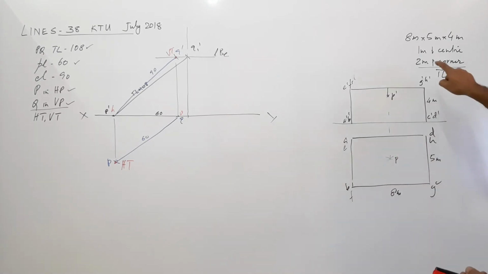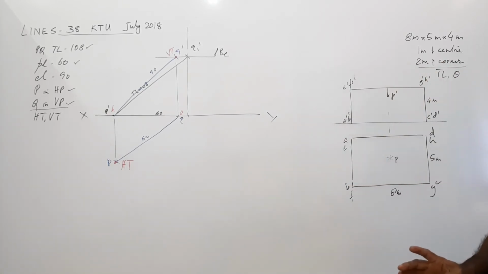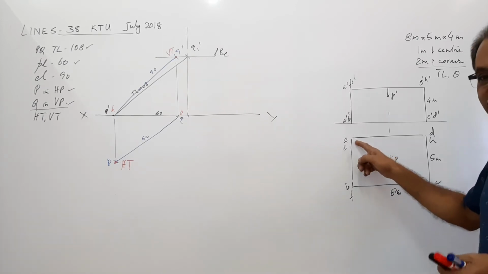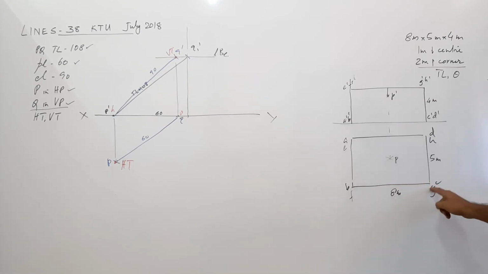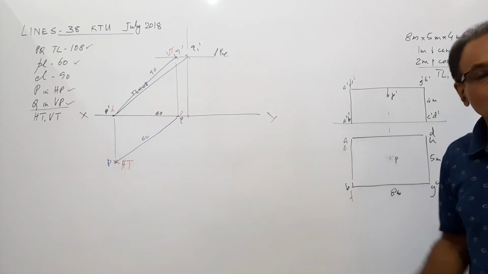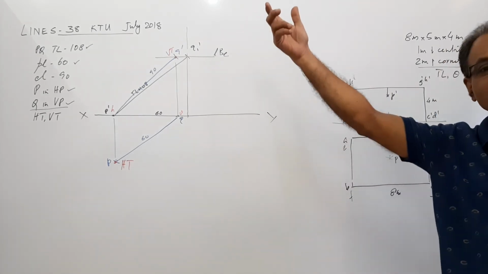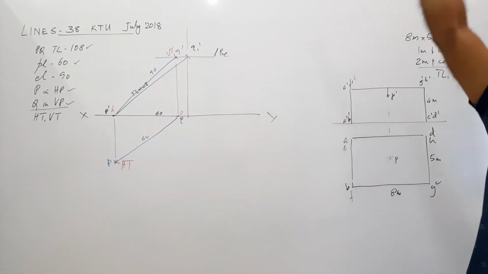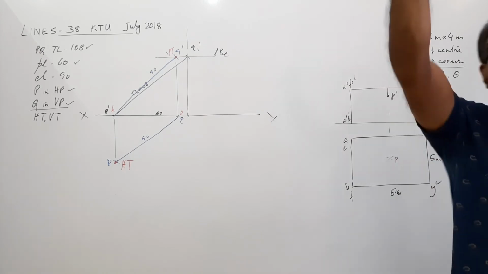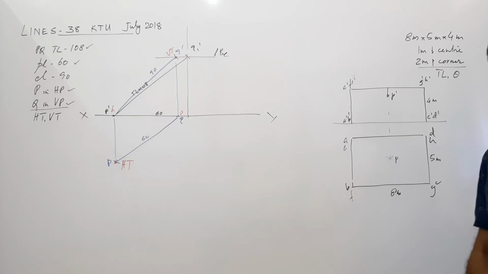Where is the switch? The switch is 2 meter above the corner. Where is the corner? AE, BF, CG and DH are the 4 corners of the room, the vertical edges of the room. ABCD are the bottom corners, EFGH are the top corners. Let us take the corner BF.